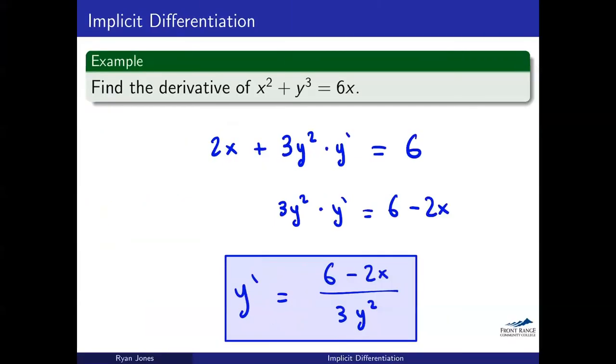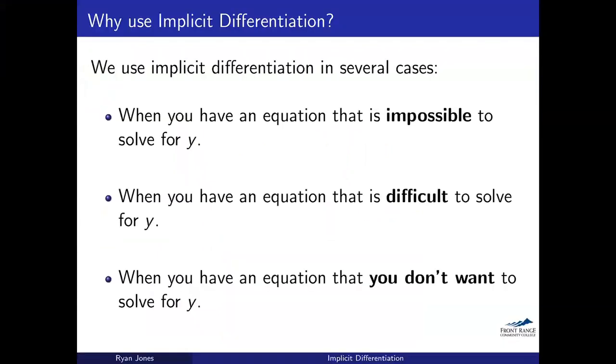I'd much rather just do this work and have this weird notation, but a much shorter amount of work. Those are our cases for why we want to use implicit differentiation. Basically, it's when you don't feel like solving for y, or if you can't, then you have to use implicit differentiation to find the derivative.